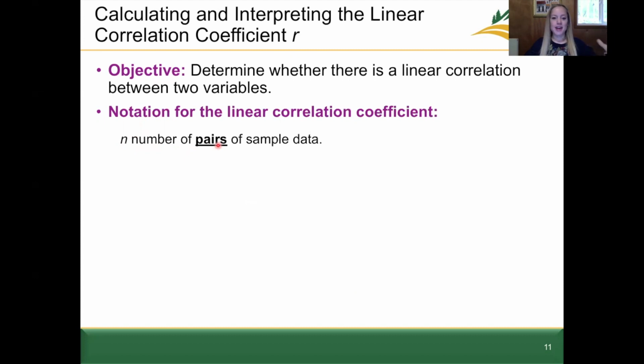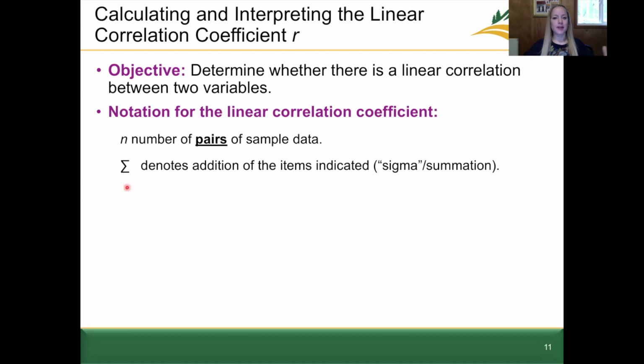Where if we have XY data where 1, 2, that pair is considered one value for N. So again, we don't look at the total number of X and Y data, we just use N to say the number of pairs of data. Then we've seen this notation before, but not for a little while.